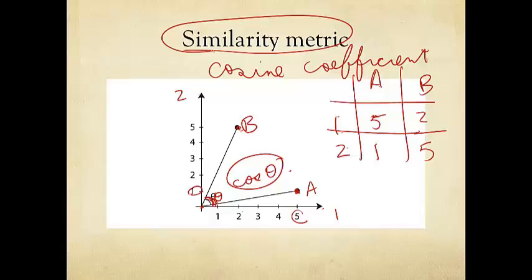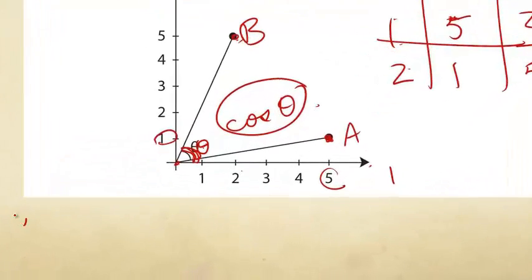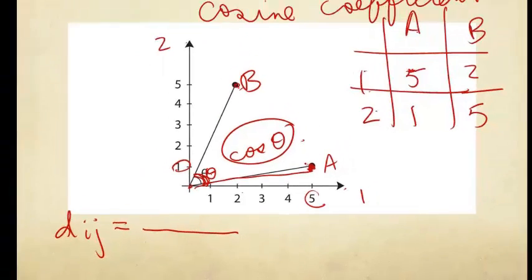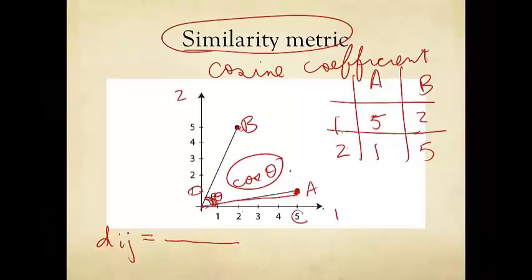So how do we write down the cosine coefficient here? I'm going to say the cosine coefficient between two movies i and j is called dij. If you remember from basic analytic geometry, this point viewed as a vector from the origin to that point, call that a vector Ri.